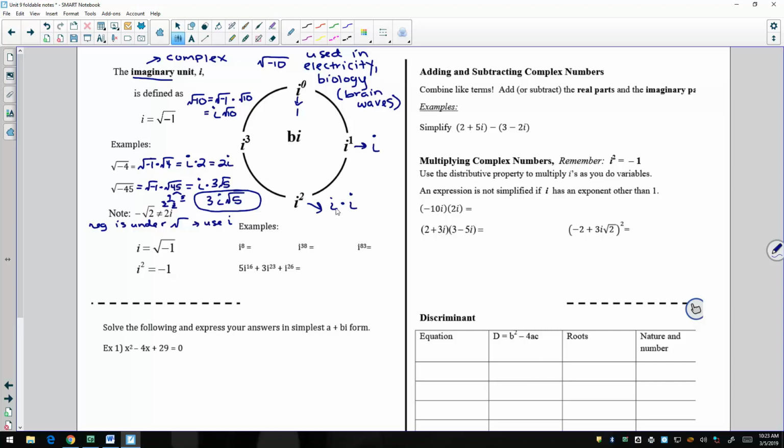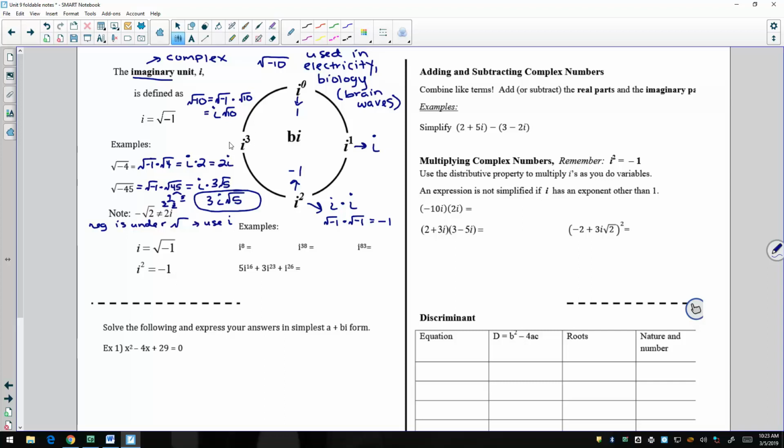Hopefully you understand that. i to the first times i to the first is i squared. Well, if I rewrite what i is in terms of radicals, it's the square root of -1 times the square root of -1. When you multiply 2 radicals together, the radicals cancel each other out, and you're left with just what's underneath them, which is -1. So therefore, i squared is equal to -1.